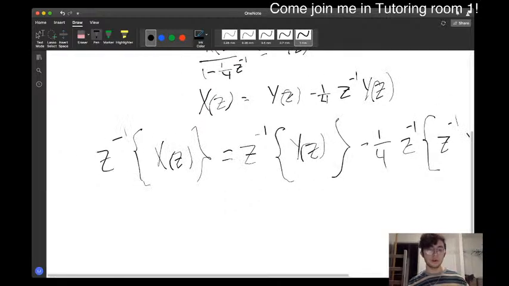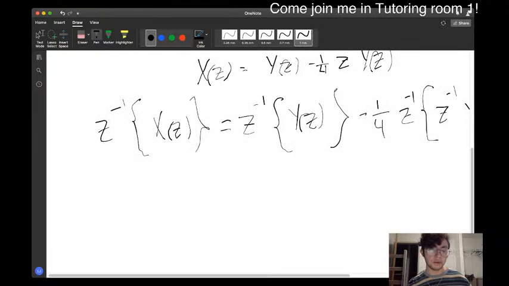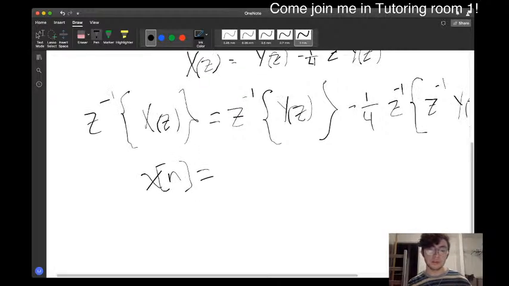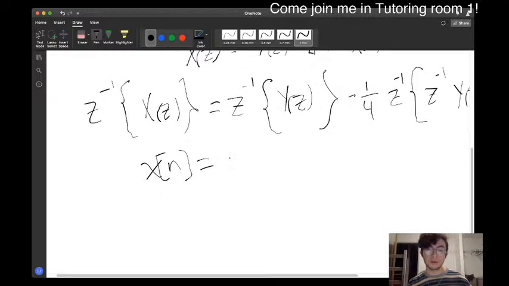We can go ahead and take the inverse z transform. So this is our time domain signal. The inverse z transform of X(z) is going to be x[n]. It's the same signal because we didn't really do anything to it. We get the same thing for y, but it's y[n], so we're in the time domain again.